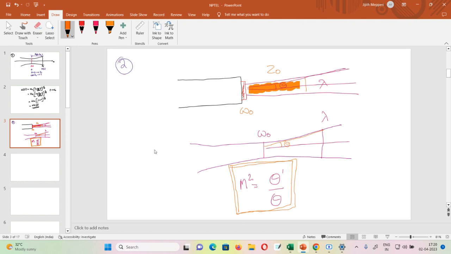Yeah. Is there any doubt regarding this question? Beam parameter ratio. Yeah, this is the beam parameter product.